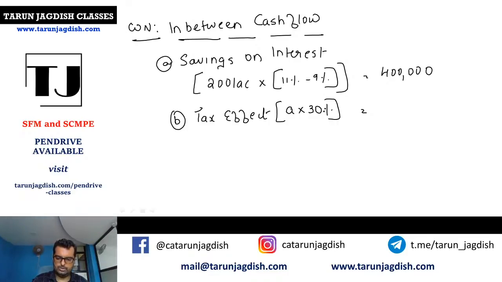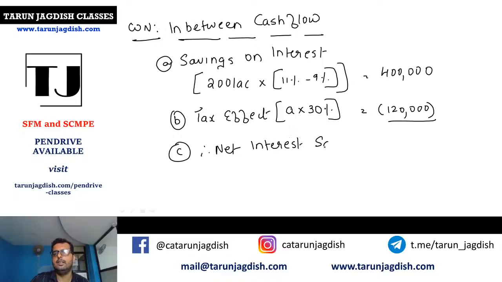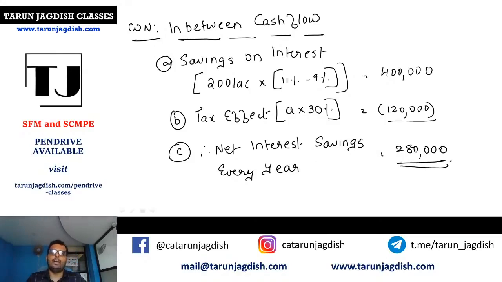So 4 lakh into 30% will give me the answer as 1,20,000. Therefore, my net interest savings every year will turn out to be 2,80,000. Can you please write down till here in your books now?